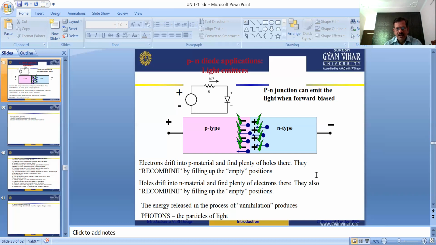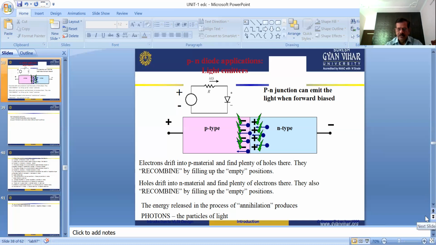So the diode behaves as a switching device, and as a rectification device. These are the main applications of the diode, which play a very important role in the electronics field.